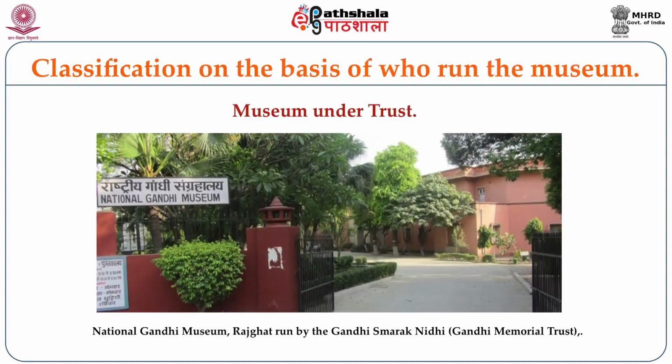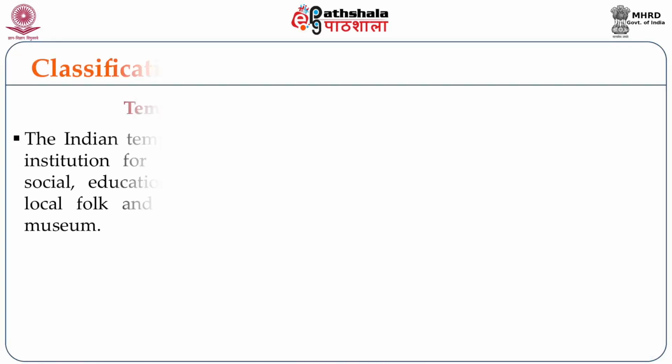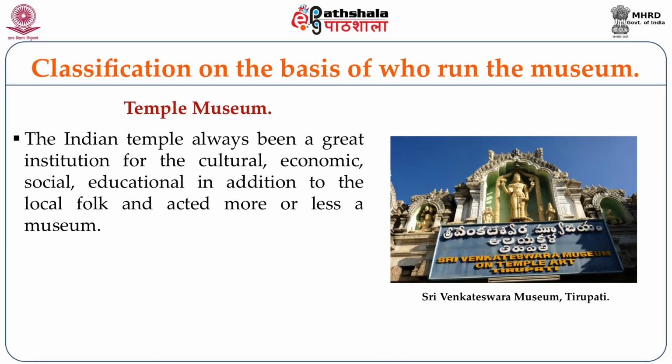A number of museums are run under trusts, like the Gandhi Memorial Trust. They run a number of museums across India, like the National Gandhi Museum, New Delhi, and Gandhi Smarak Sangrahalaya in Barrackpore. Many temples in India have their own museums attached to the temple.